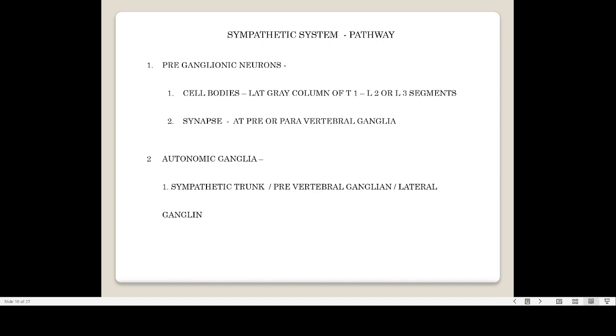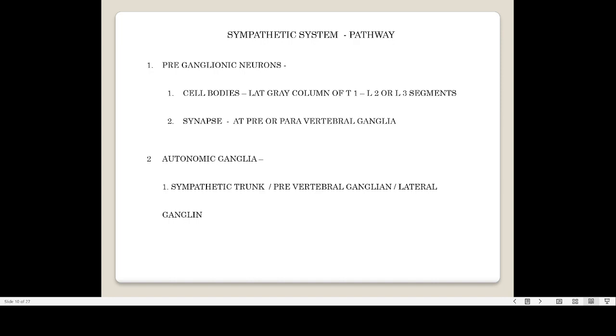Now we will go to the pathway of the sympathetic and parasympathetic systems. The pathway means how the impulses are transmitted.